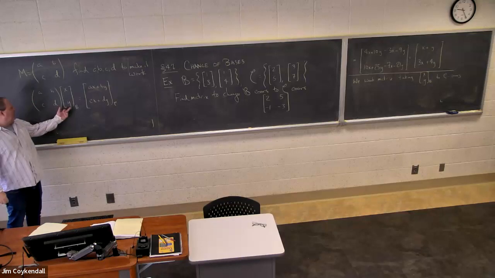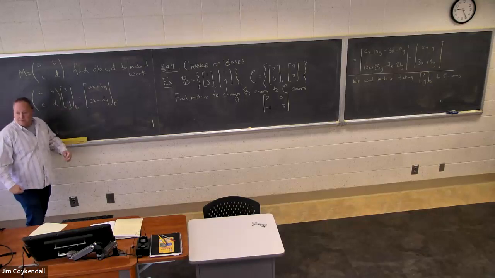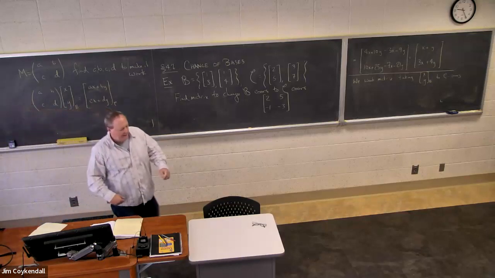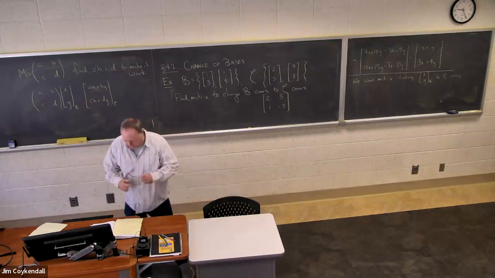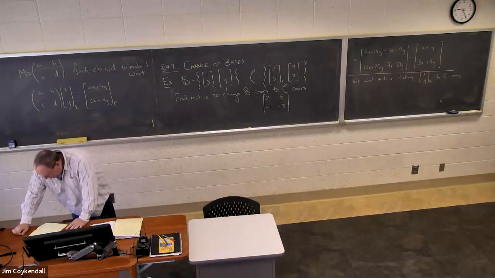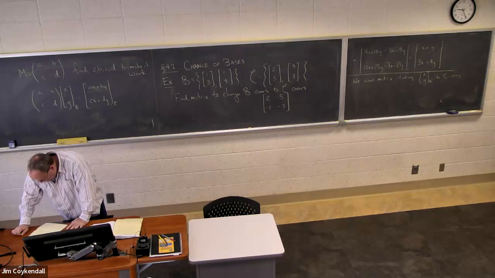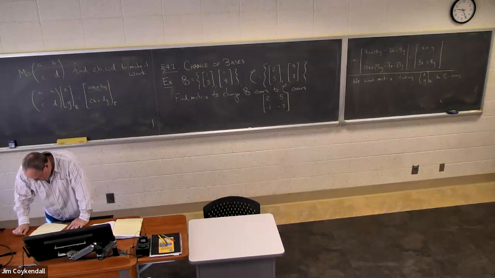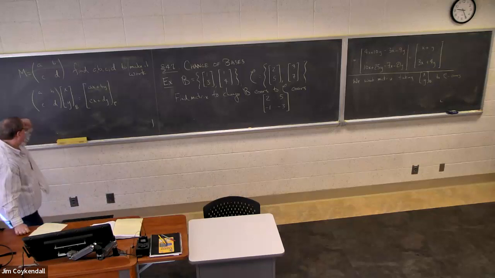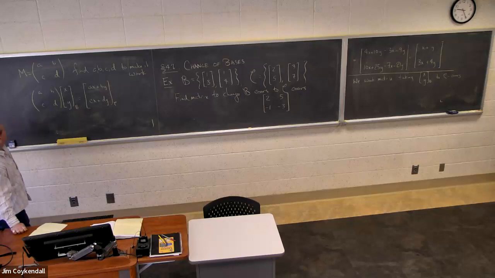Right, we want to change B coordinates to C coordinates. And we need to find A, B, C, D to make this work. So how do we do this? And somehow, I guess we've got to use the basis B here, right?